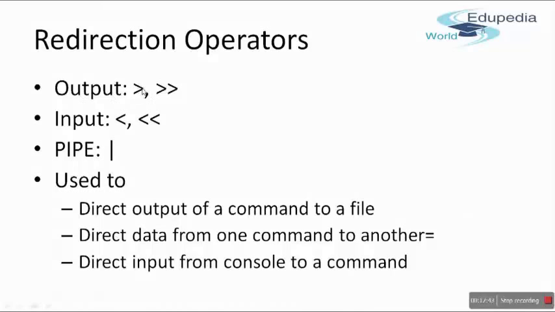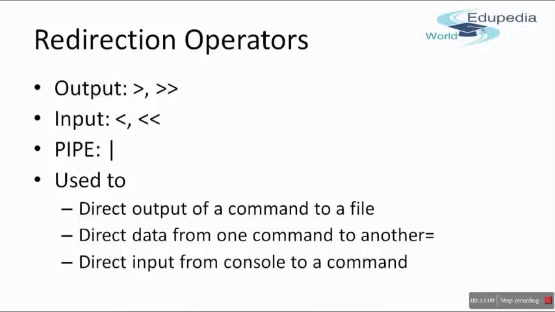There are 3 types of redirection operators. One is the output operator, single greater than sign or double greater than sign. Then there is the less than sign, used as the input operator, single and double. Single is generally used to write or overwrite the current data, and double is used to append. In double, it will not overwrite, it will just add one line to the end.